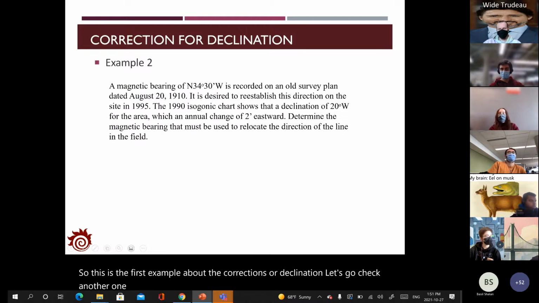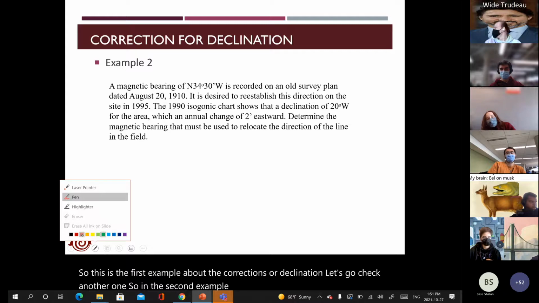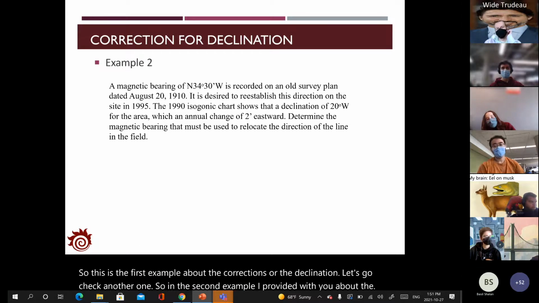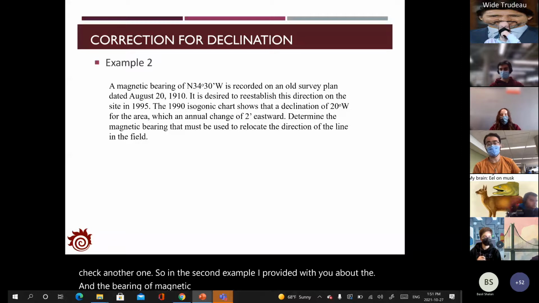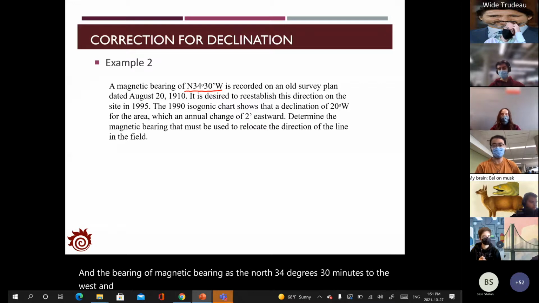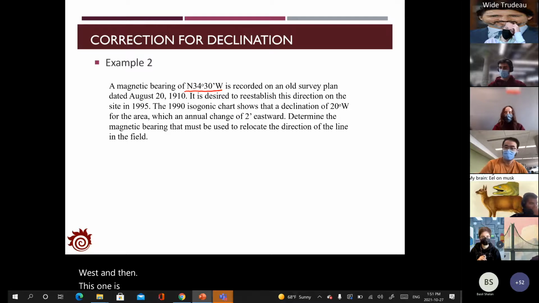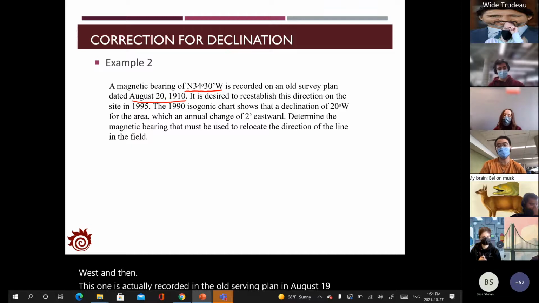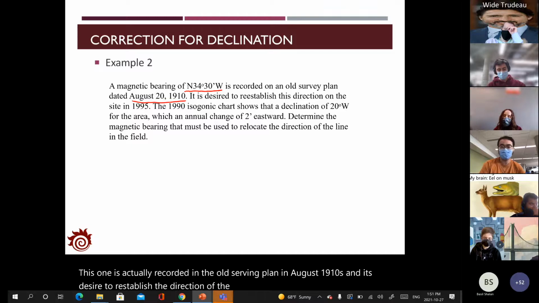In the second example, I provide you with a magnetic bearing of north 34 degrees 30 minutes to the west. This one is actually recorded in the old surveying plan in August 1910, and it's desired to re-establish the direction of the line in 1995.